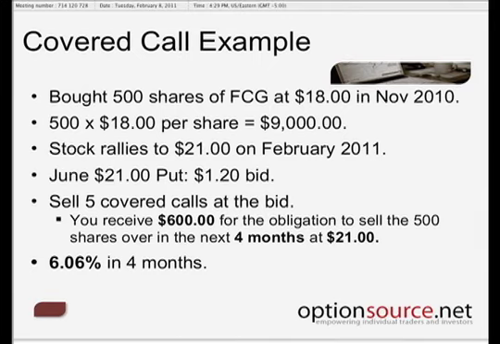And so incorporating covered calls with an ETF that's been doing well for you, once it reaches a price level where you're happy with the returns that you're getting, you subsequently can profit from it that way.